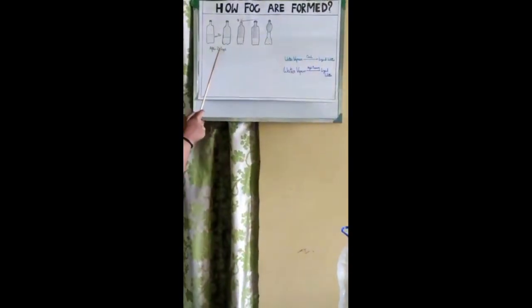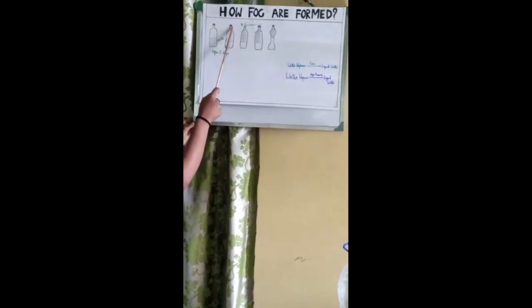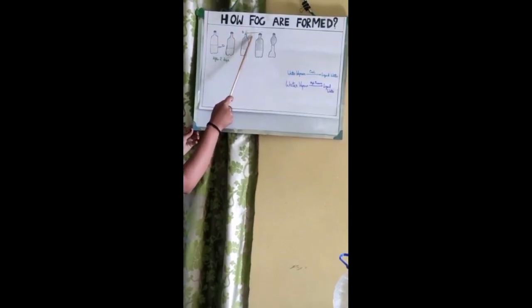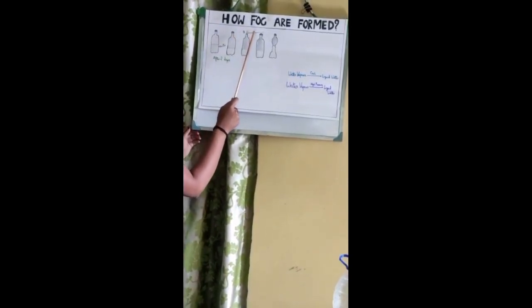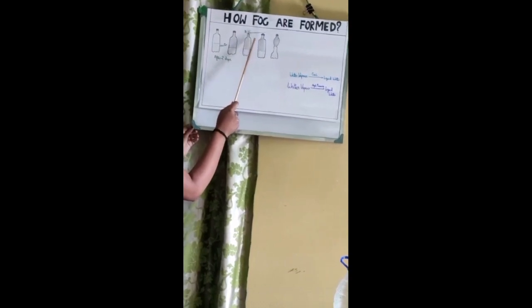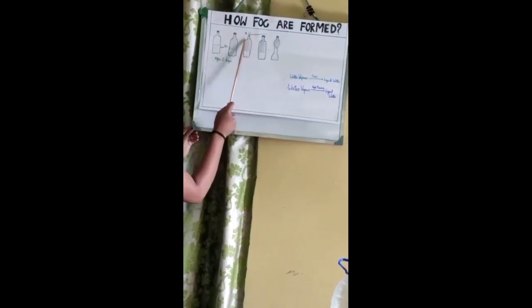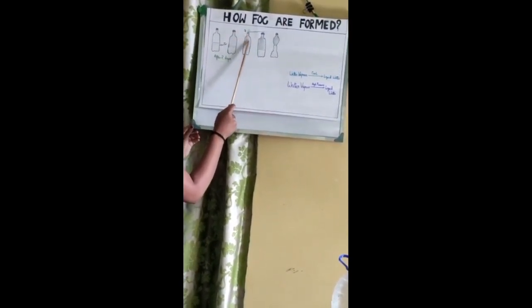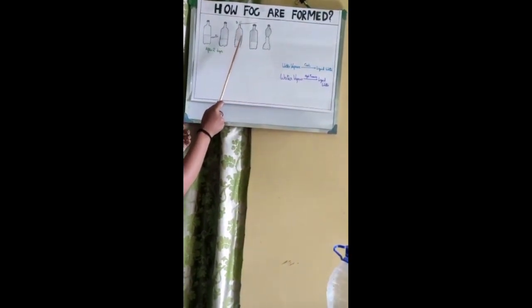Now I will first open the cap of the bottle and then I will take an incense burning stick from which smoke will come, and I will take that to the mouth of the bottle, and then immediately I will close the bottle mouth.